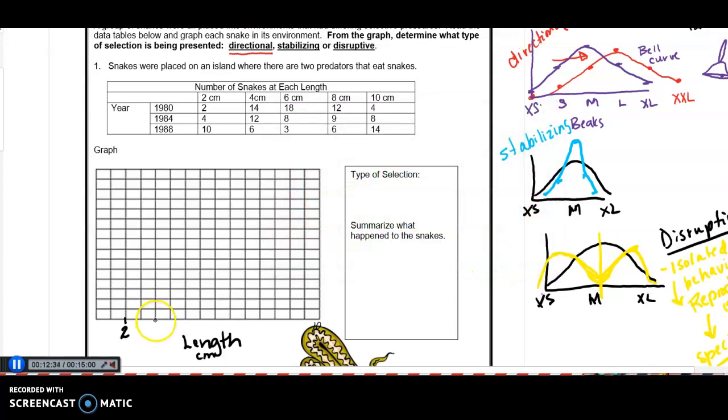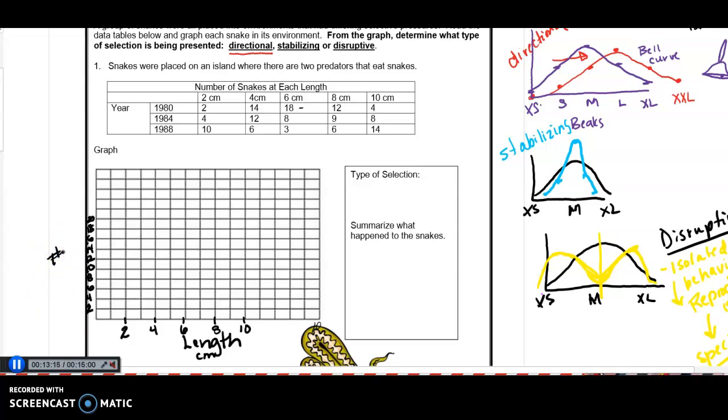We'll do 2, 4, 6, 8, and 10. You could spread it out if you wanted to a little more. Over on this side, we have to get, what's our highest? Our highest is 18. So I have to get up to 18, so I'm going to go by 2s. 2, 4, 6, 8, 10, 12, 14, 16, 18, 20. This is the number.